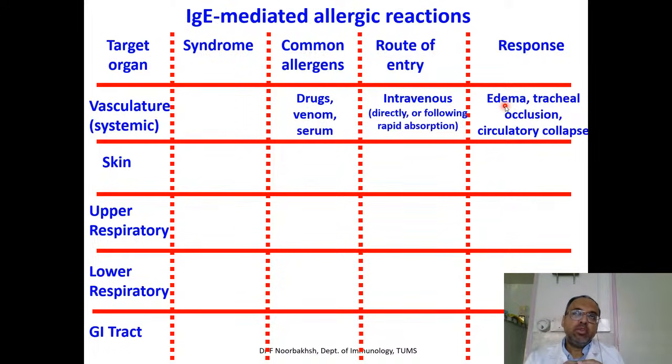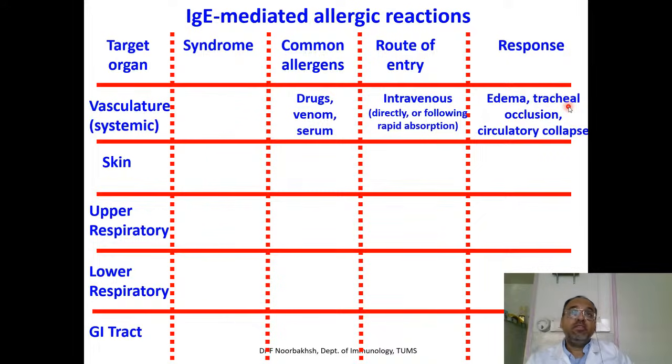They can lead to an increase in vascular permeability, and they can also lead to contraction of smooth muscles. So we can have edema all over the body due to increase in blood flow and increase in vascular permeability. The fluid part of the blood can leave the vessels and it will lead to edema.